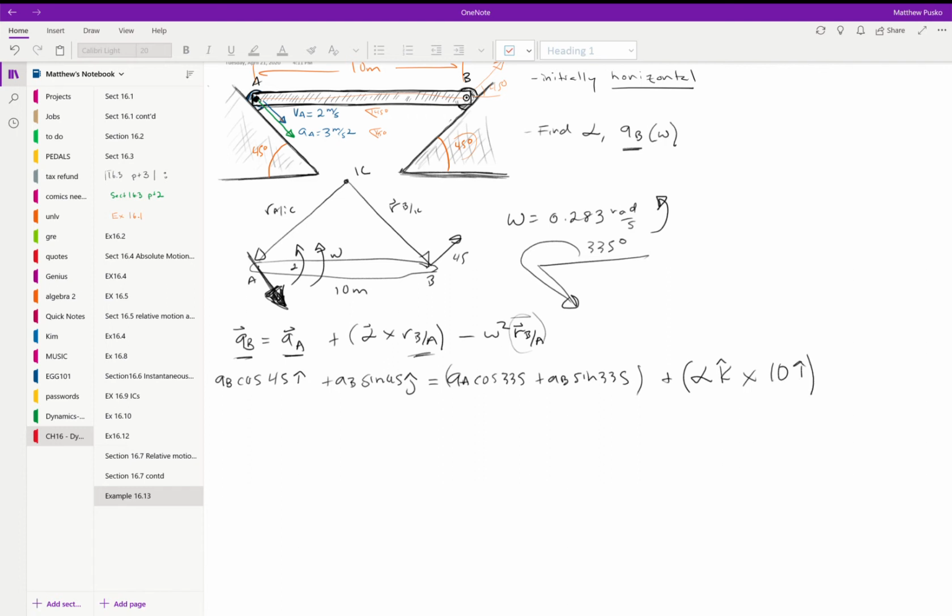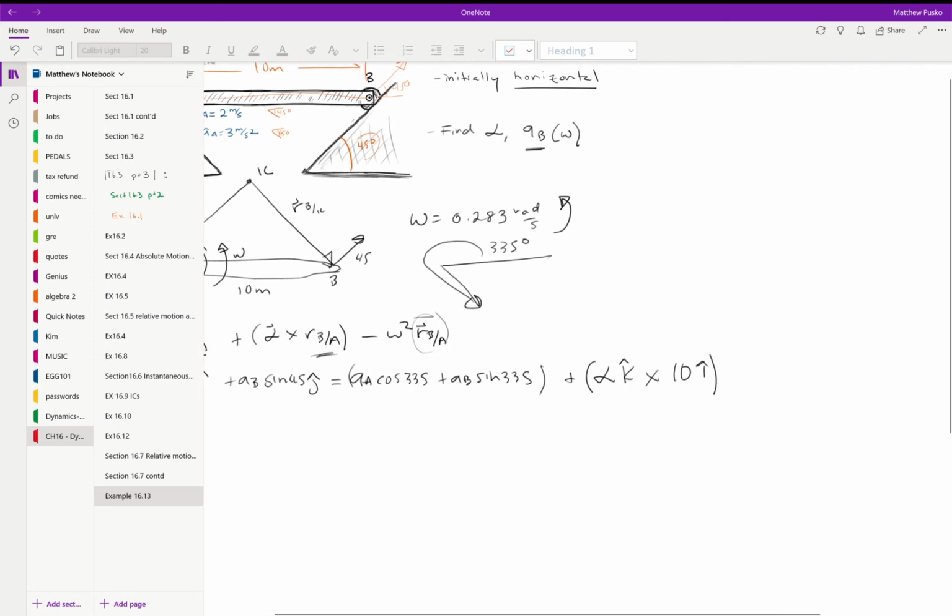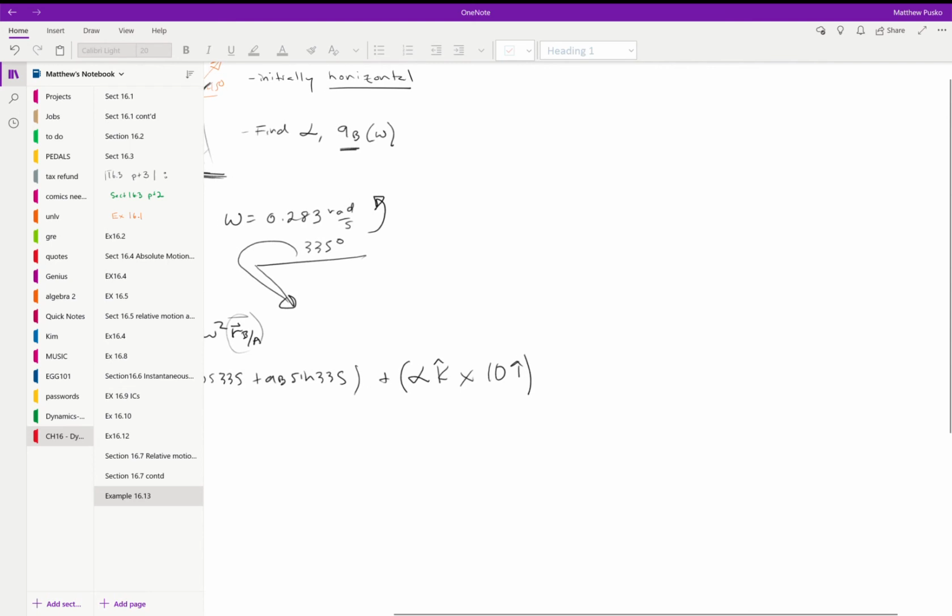Okay, we just need to do the minus omega squared, where omega we have, so I'm going to go ahead and put that in, 0.283.